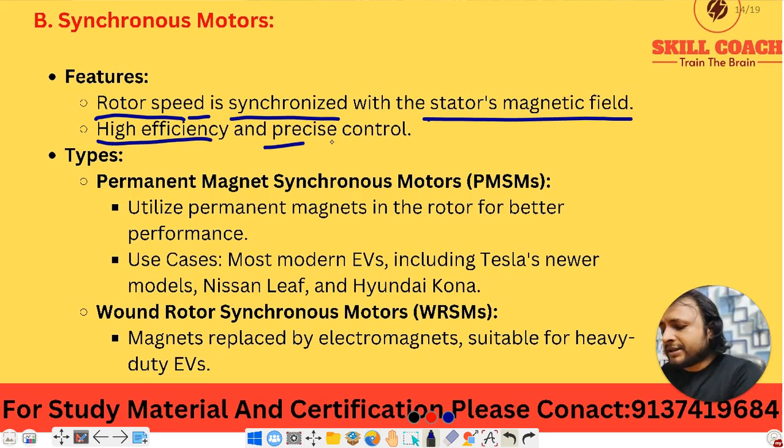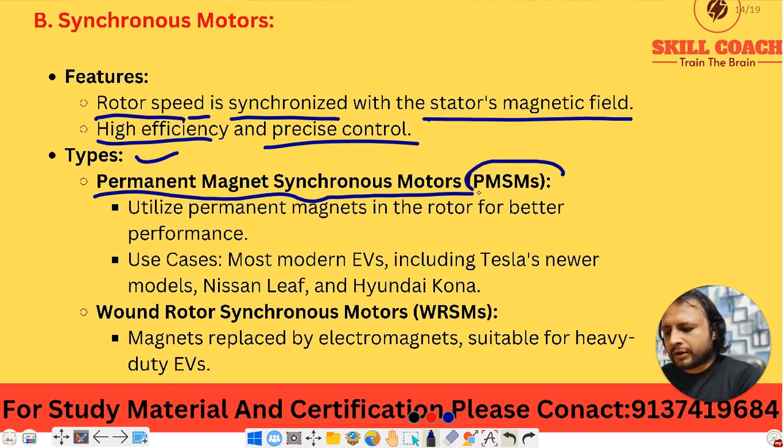High efficiency and precise control, because now autonomous vehicles are also coming. If we cannot control the motor very precisely, there is a chance of accident or reduced performance of the vehicle. Next type: permanent magnet synchronous motor, that is called PMSM.